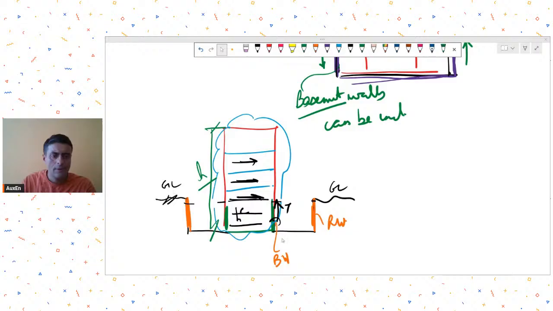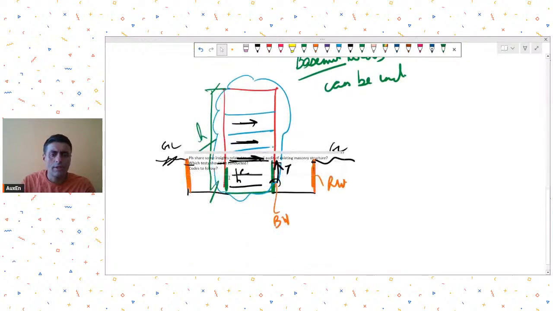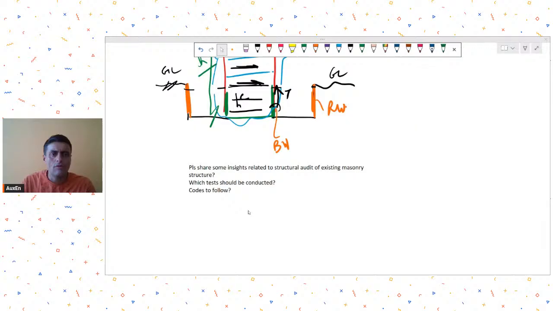Now engineer Ketan Mahajan is joining us from Jalgaon, Maharashtra, and he's asking, please share some insights related to, so last session also he had put one question for load bearing masonry walls. Now he's asking, please share some insights related to structural audit of existing masonry structure.